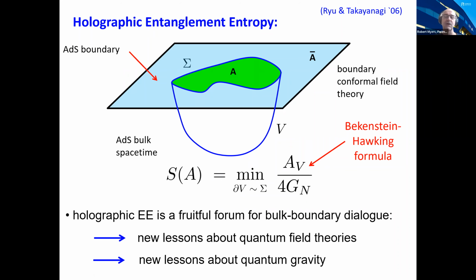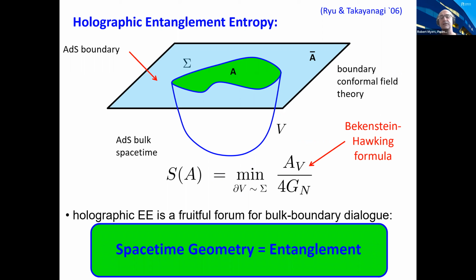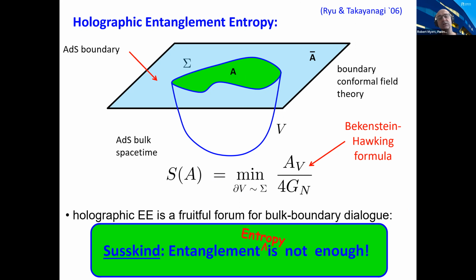And that really gave rise to a slogan that space-time geometry equals entanglement, saying that the quantum entanglement of the microscopic degrees of freedom was really a key feature for the emergence of a classical space-time geometry. And so it was a little bit disconcerting when a few years afterwards, Lenny Susskind came along with a paper that said entanglement is not enough.